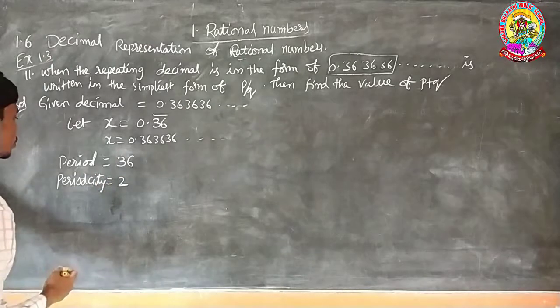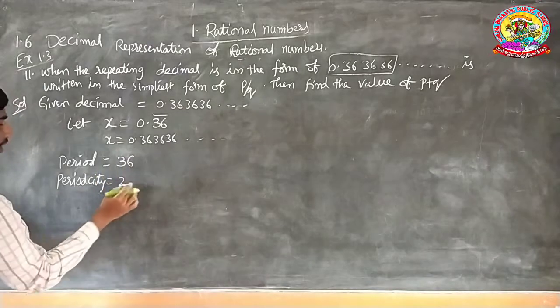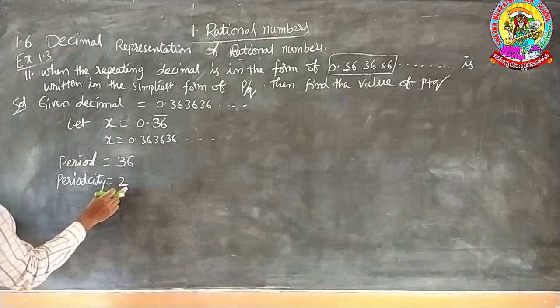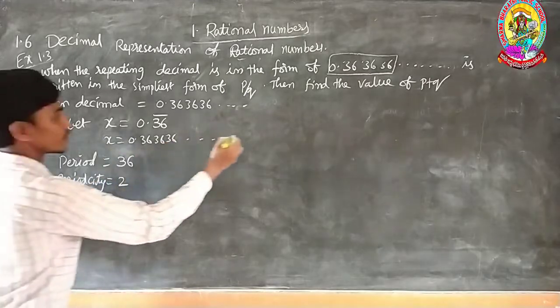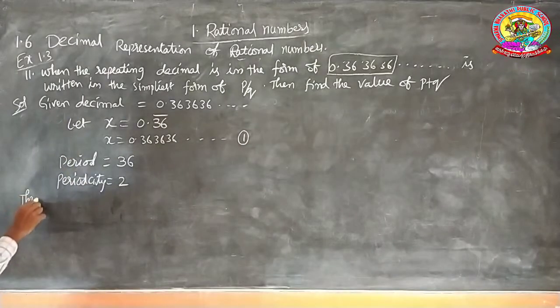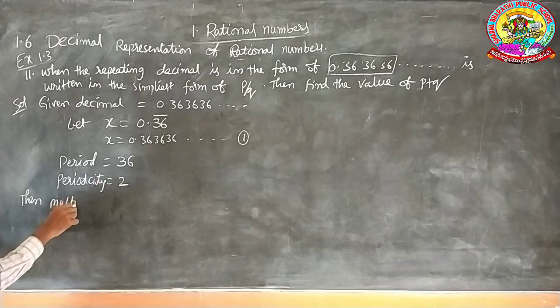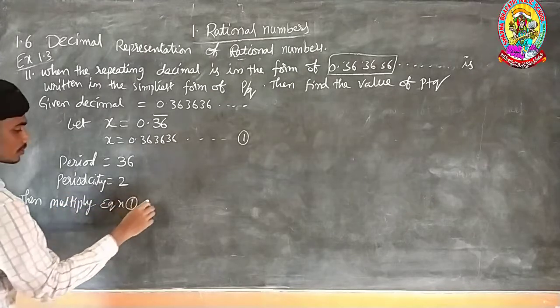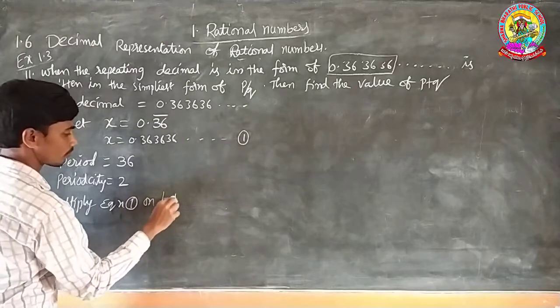So then you should multiply by 100. Here periodicity is 2, so you should multiply both sides of equation 1 by 100.